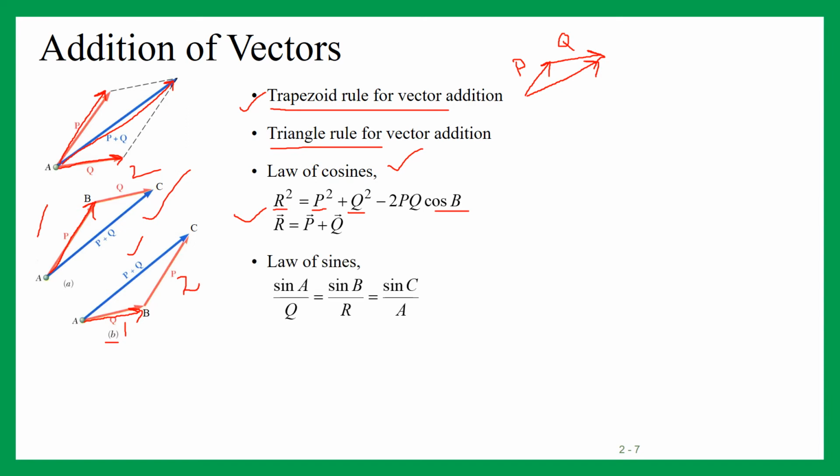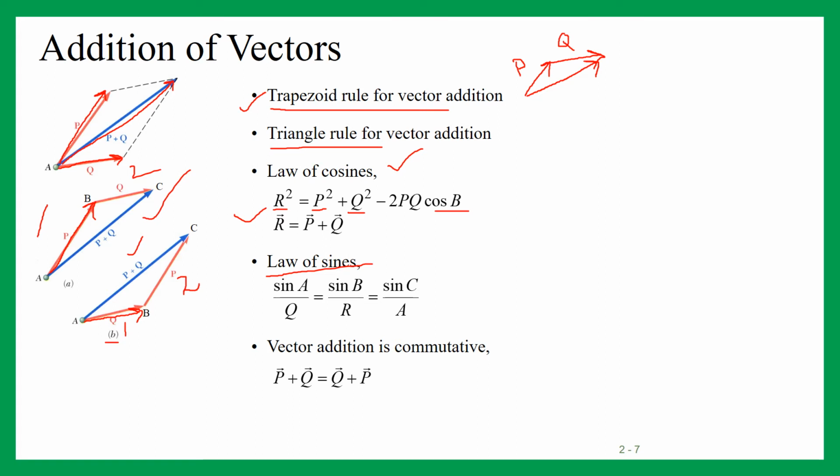The relation between the angles is given by the law of sines: sine A by P equals sine B by Q equals sine C by R. Suppose Q is this, then sine A by P, sine B by Q, and sine C by R.